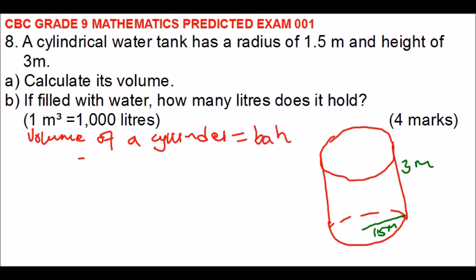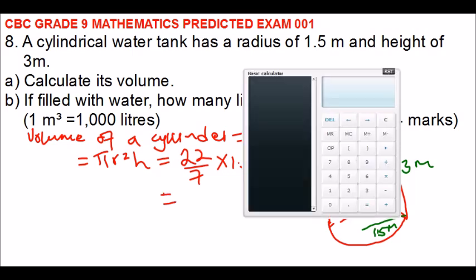Now, because it is a cylinder, the base area is circular, so it is pi r squared multiplied by the height. So this is equal to 22 over 7, that is pi, you multiply by our radius 1.5 times 1.5, you multiply by 3. Now, since in the beginning you are told you can use a calculator, let me check that I can get my calculator here.